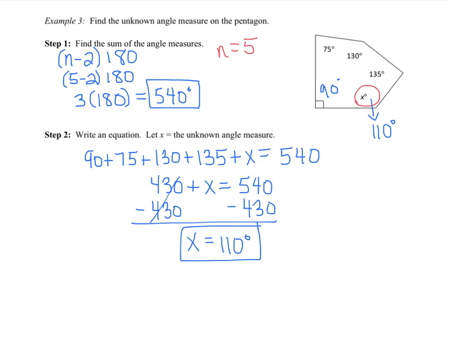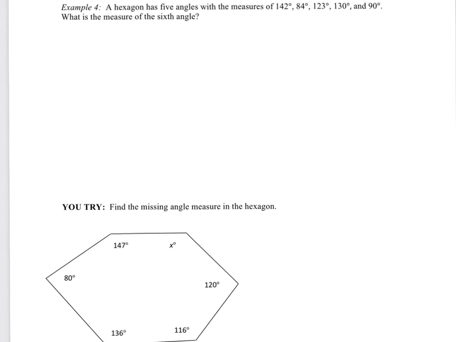Let's do one more example together. Let's look at example 4. A hexagon has 5 angles with the measures of 142 degrees, 84 degrees, 123 degrees, 130 degrees, and 90 degrees. What is the measure of the 6th angle? Now notice we don't have a diagram here, but we can still answer this question just having the word problem. So first you want to identify what's your n value, and a hexagon has 6 sides, therefore n equals 6.